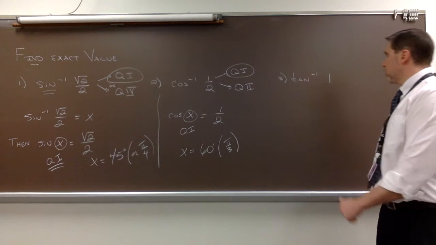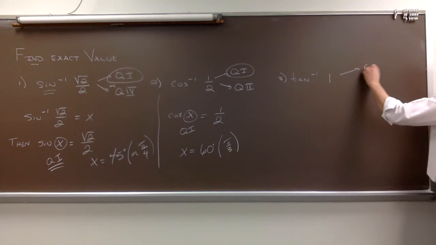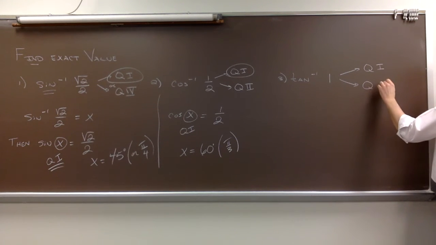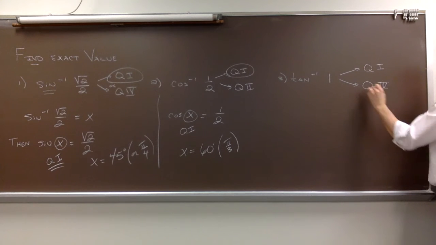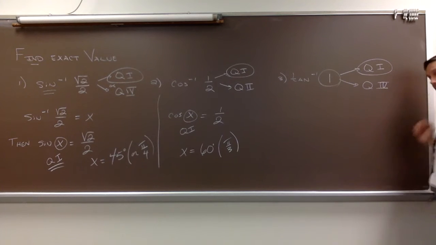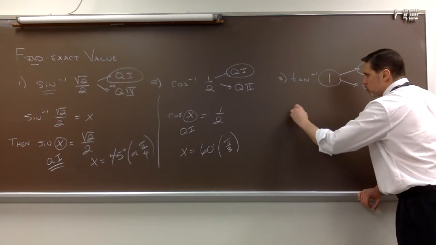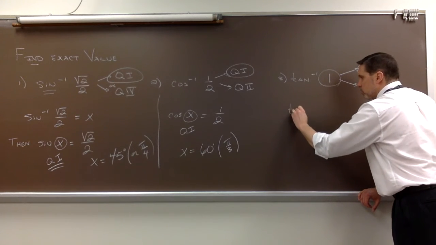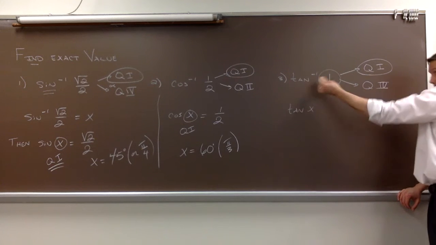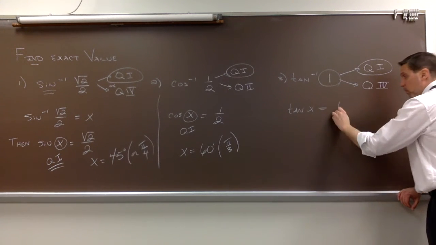Right? Same idea here. Tangent inverse of 1. We're either talking quadrant 1 or quadrant 4. Again, this is going to be quadrant 1, since this value is positive. So we say, I should have written it out over there, but I guess we're skipping that step, the tangent of this number, the output of this problem, should equal 1.